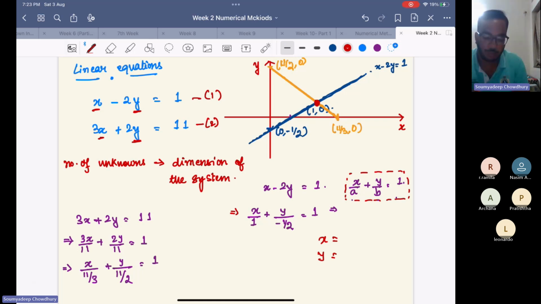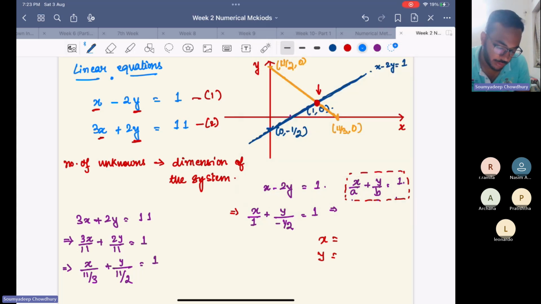If you draw this exactly on a graph paper, without solving the equations using our general technique, we can find the coordinates of this point. So can someone tell me what are the coordinates of this intersection point? Yes, just solve these equations and you can find the coordinates.